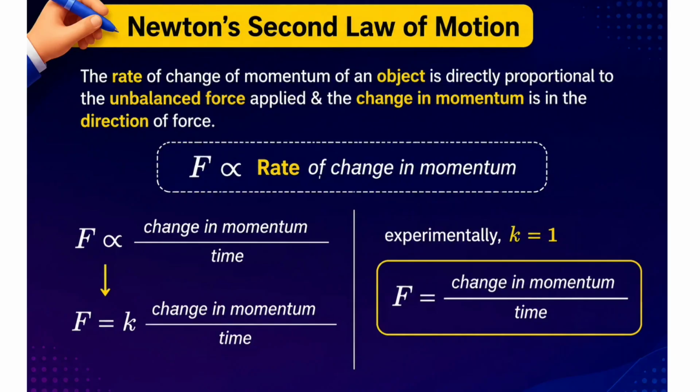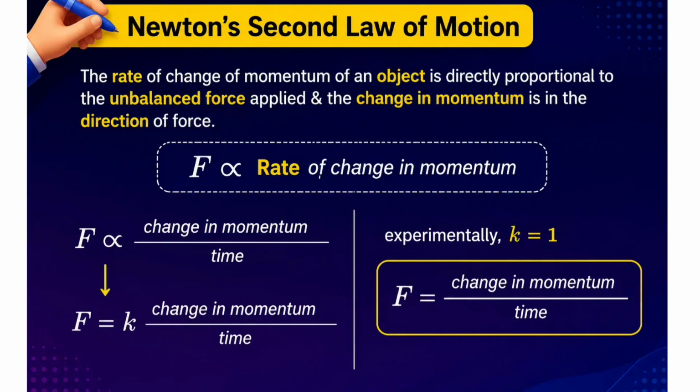Let's look at the statement on the screen. Look at the top statement carefully. The rate of change of momentum of an object is directly proportional to the unbalanced force applied, and the change in momentum is in the direction of force. Let's break this down into simple physics terms.